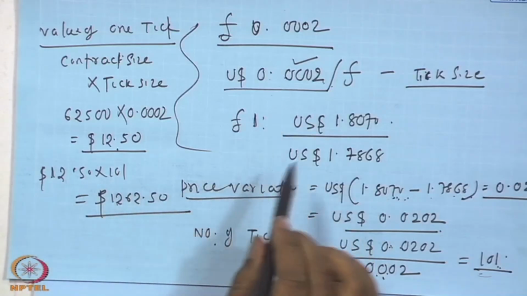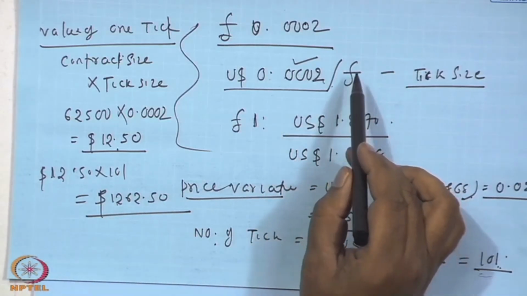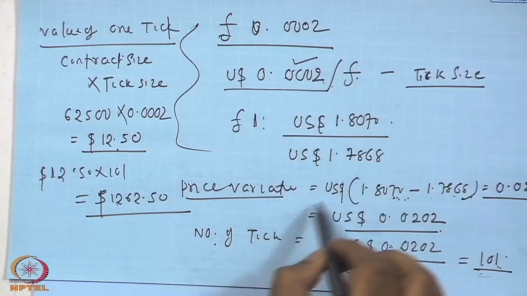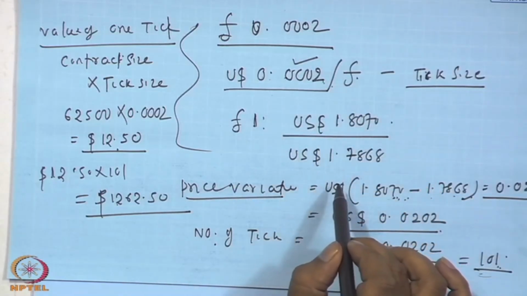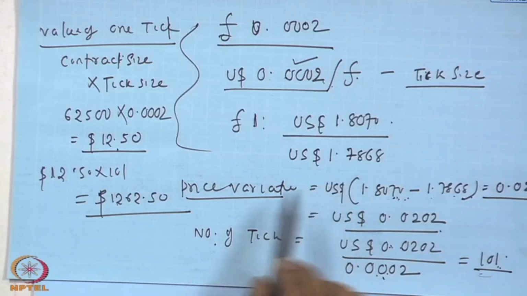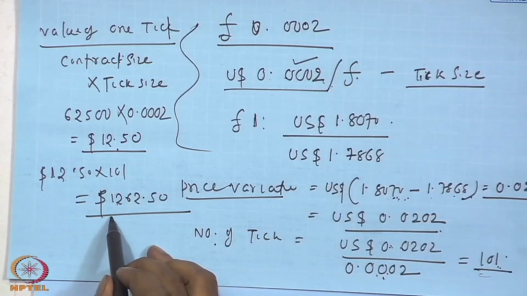That is the calculation of using that tick, how the tick is linked to the price of the contract and how the contract value is decided. That we have done here.